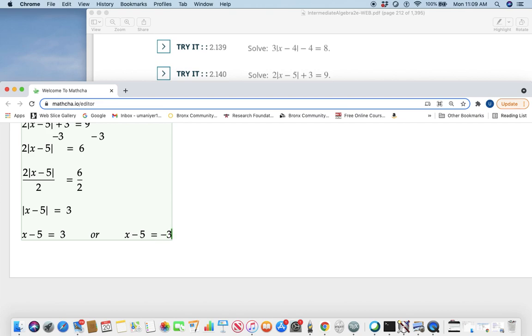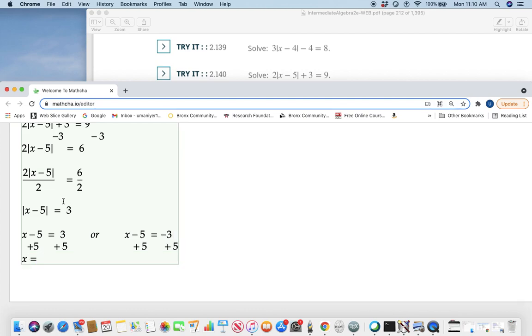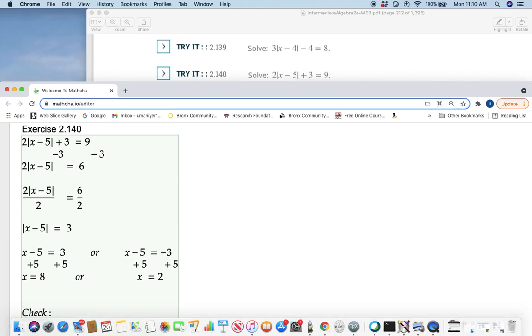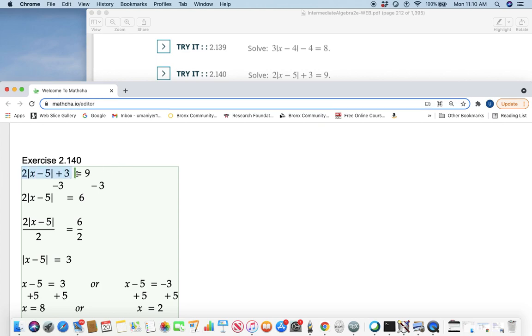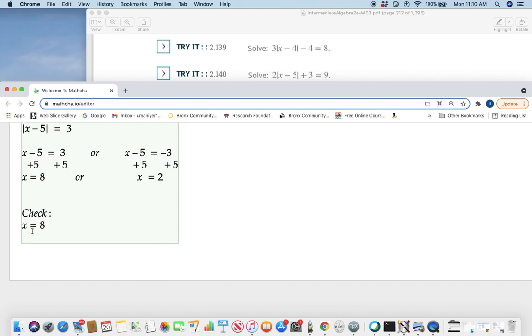All right. So this gives you, add 5 to both sides. You get x equals 8 or x equals positive 2. So you want to now check. Check x equals 8 in the equation 2 times absolute value x minus 5 plus 3 equals 9.